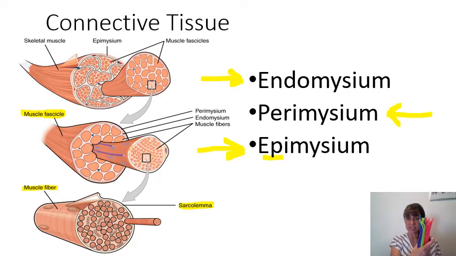All of the connective tissue layers inside, around each muscle fiber, around the fascicles, and on the outside blend together through the length of the muscle to form a connection at the end of the muscle.